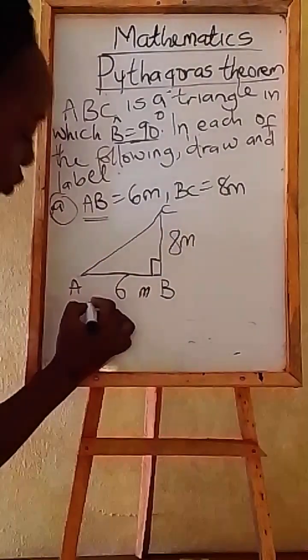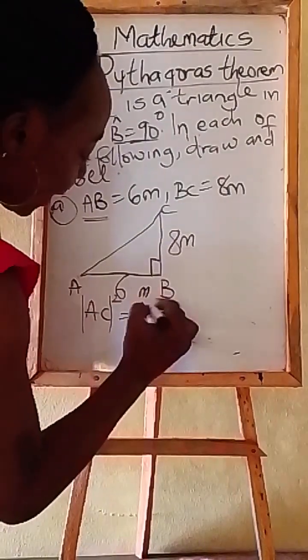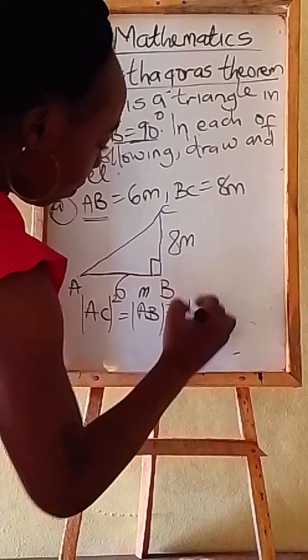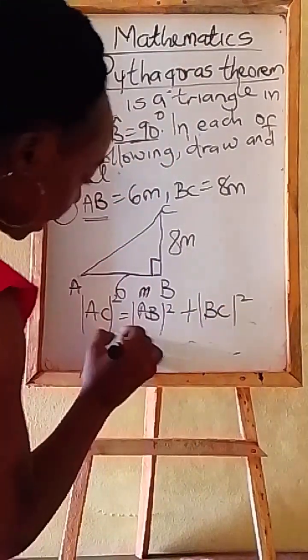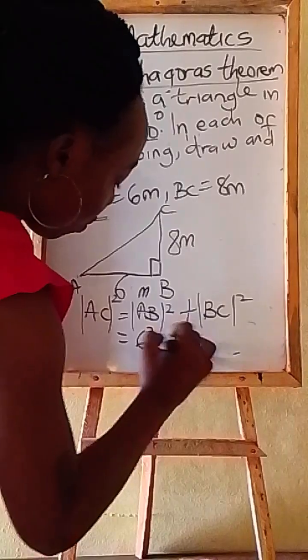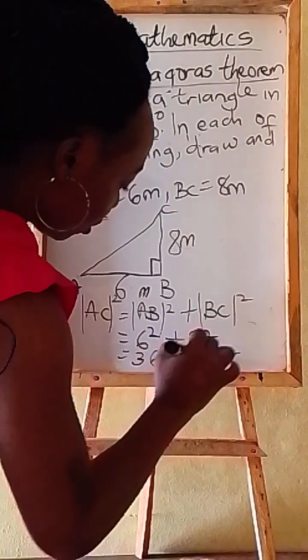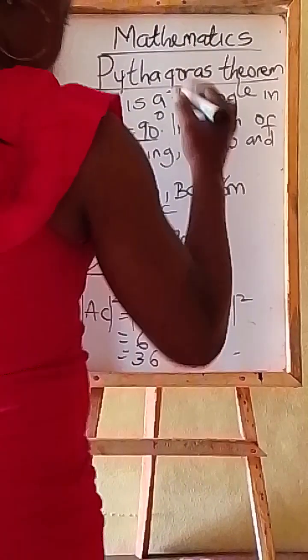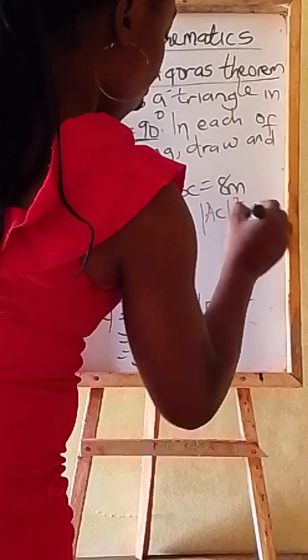So what do we do? We write AC square equals AB square plus BC square. So that is 6 square plus 8 square. We have 36 plus 64. And that means AC square equals 100.